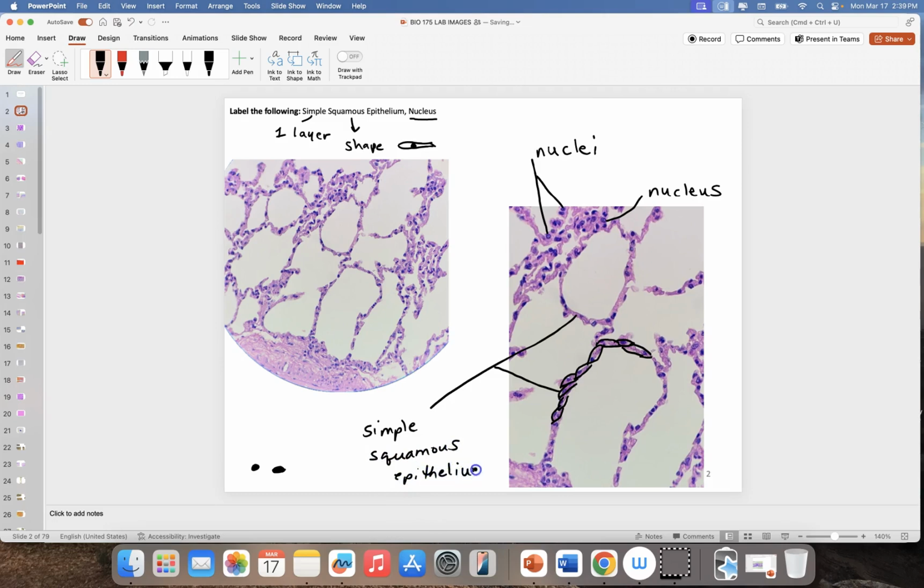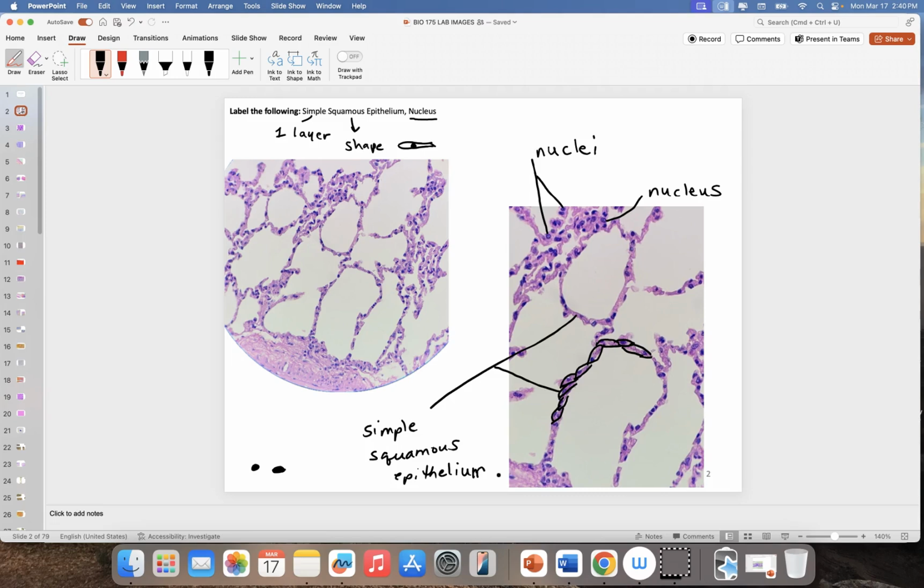We mentioned a moment ago that this slide comes from the alveoli of the lungs, but we also find simple squamous epithelium lining body cavities. We call that mesothelium, or the serous membranes that we've talked about are made up of simple squamous epithelium. It also lines the heart and lines our blood vessels.